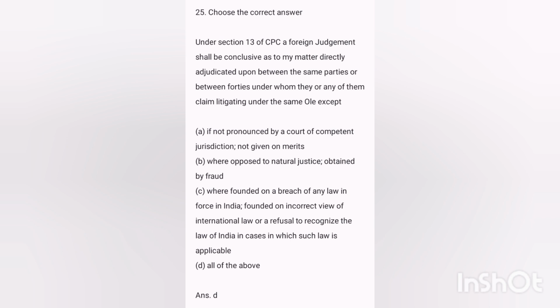Answer: if not pronounced by a court of competent jurisdiction, not given on merits, or opposed to natural justice, obtained by fraud, and founded on a breach of any law in force in India, founded on an incorrect view of international law or refusal to recognize the law of India in cases in which such law is applicable. All of the above.